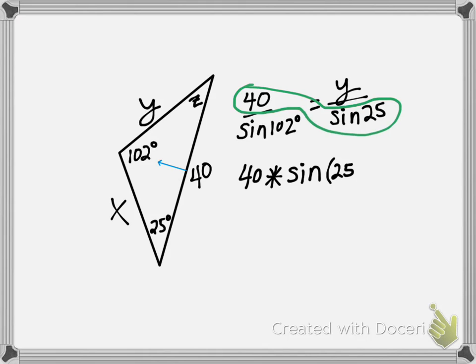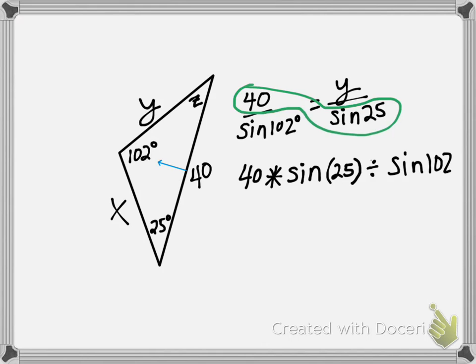Now automatically the TI-84 will start with a parenthesis like that. You have got to make sure that you close the parenthesis after you put that in there. And the last thing we'll do is divide by the sine of 102, and we will find our answer.